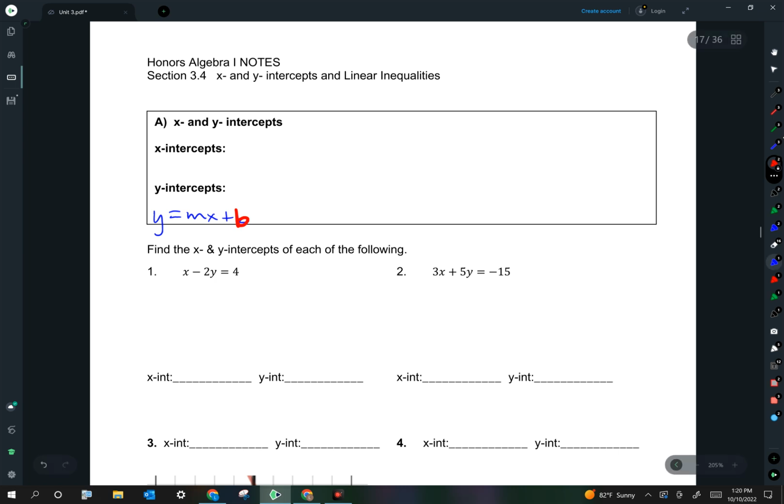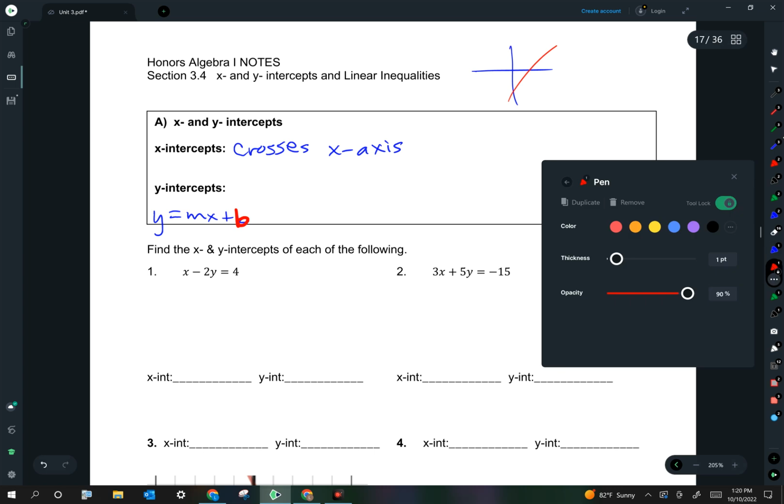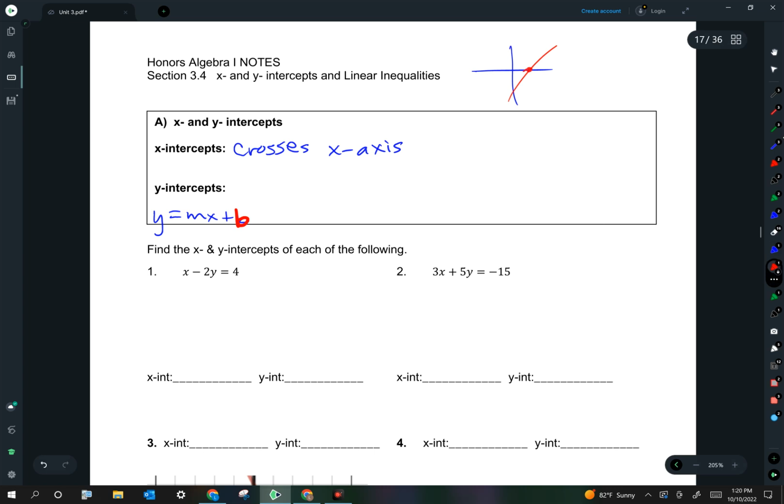So here's what I want you to think about. An x-intercept is where the line crosses the x-axis. If I have a graph, and a line that crosses the x-axis right there, think about that ordered pair.